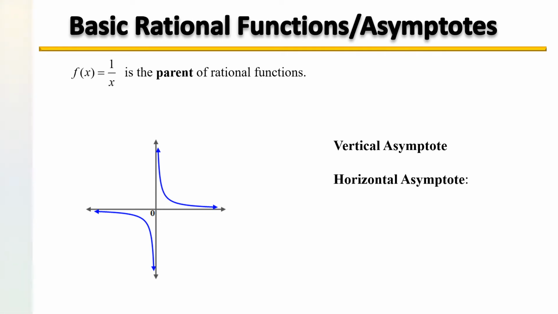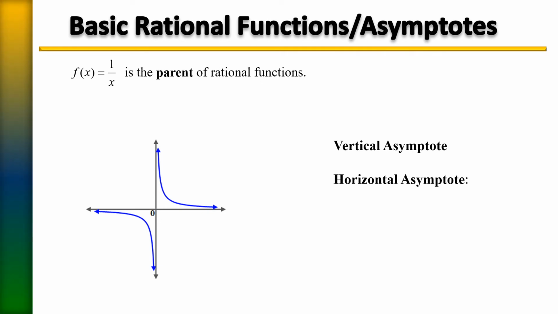f(x) = 1/x is the parent function of rational functions. With this particular function, you will always see two branches. One will be in quadrant 1, while the other will be in quadrant 3.